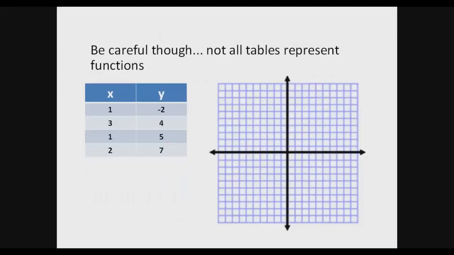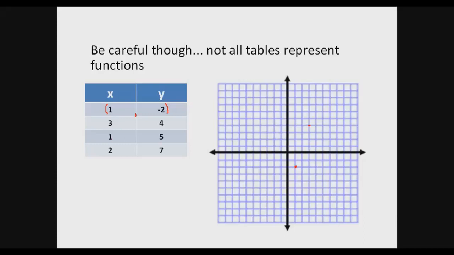Not all tables represent a function. If we look at this one, same idea. We've got some points here that we could graph to see what's going on. So over 1, we're down 2 with this first point. Over 3, I'm up 4.